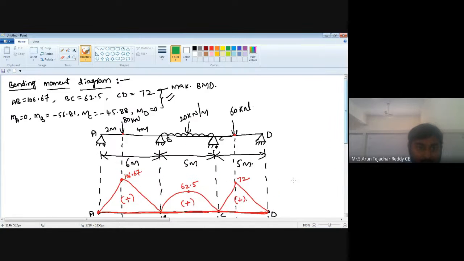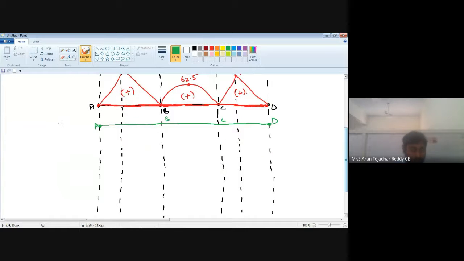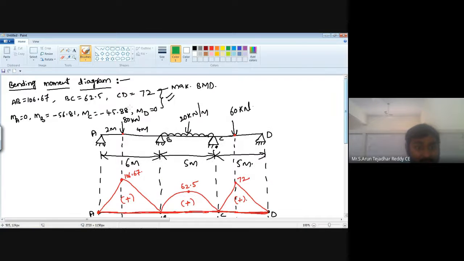See here, our MA is 0, MD is 0. Now, next, MB is equal to minus 56.81. So you will get minus 56.81 somewhere here at point B. Okay, that is our MB. What about MC?